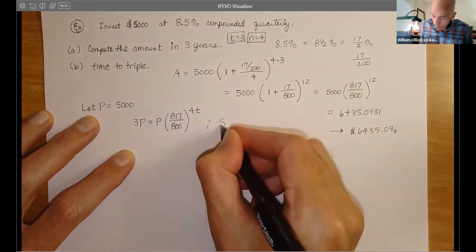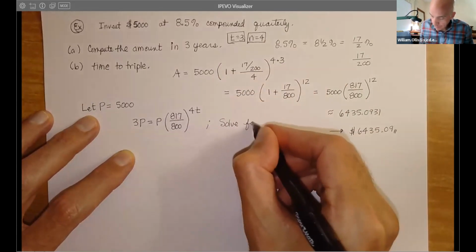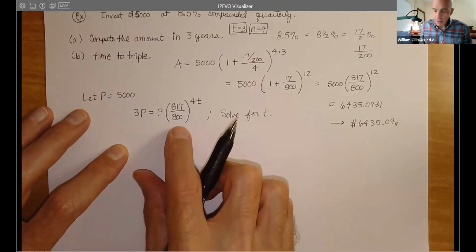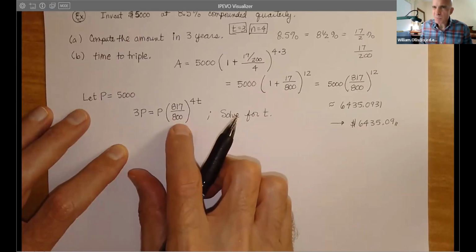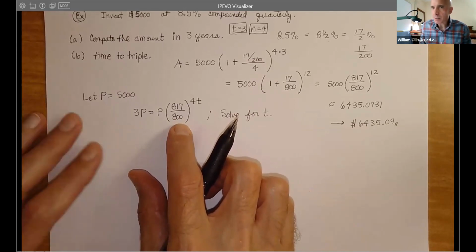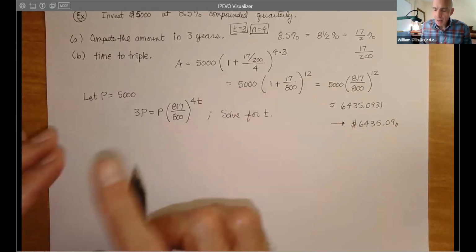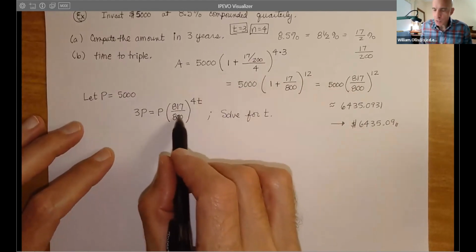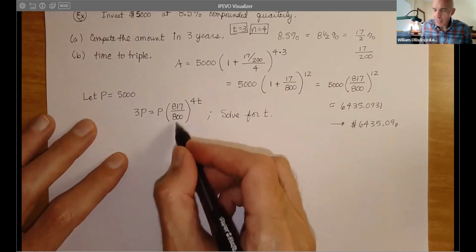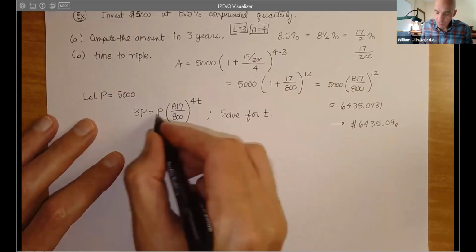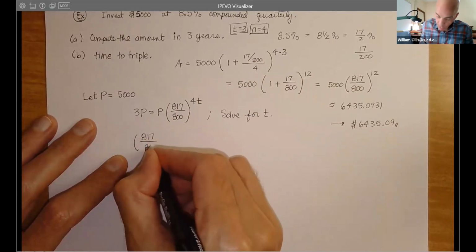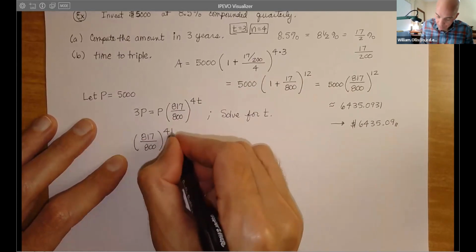So we want to solve for t. So again, you know, you're thinking, well, that's a base, but we don't want to use that base. I mean, we'll just use our power rule with maybe the natural log, just no problem with that. When it's convenient, we can use bases here, but that's not a number that we really need to focus on. Notice the P's absorbed, so we have 817 over 800 to the 4t equals 3.